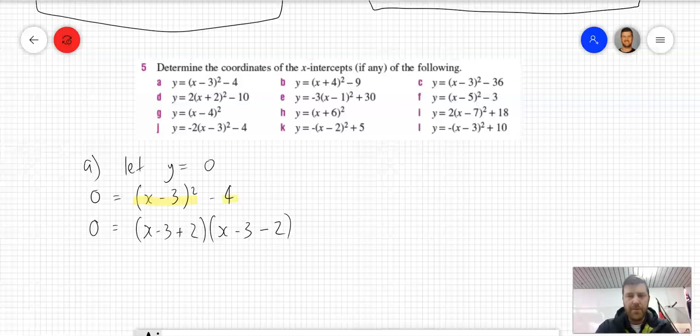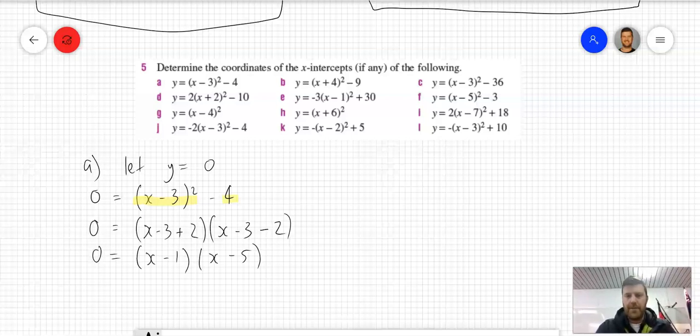At this point, I can go further because minus 3 and 2, or minus 3 and minus 2, are what we call like terms. They're both whole numbers, so I can simplify that. So x take 3 plus 2 is x take 1, and x take 3 take 2 is x take 5.